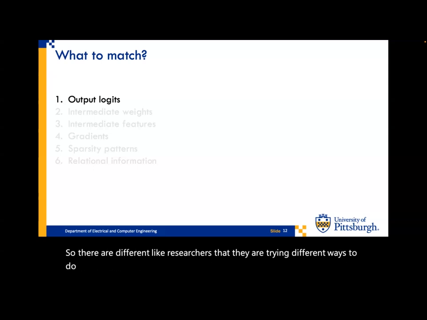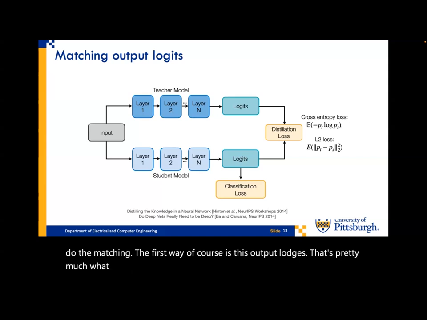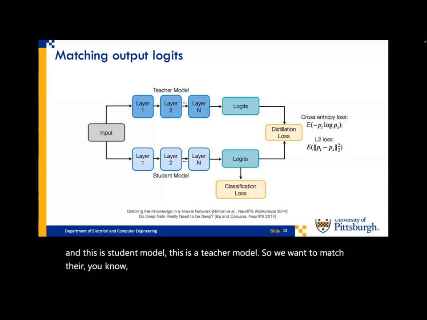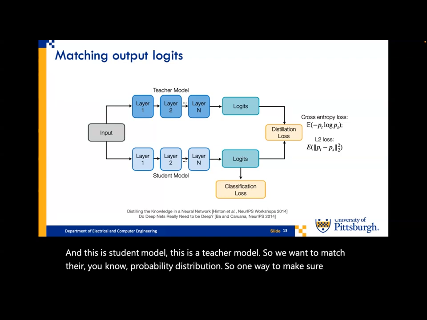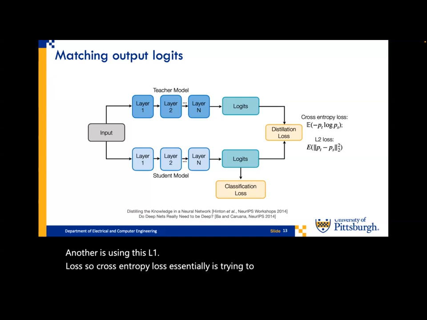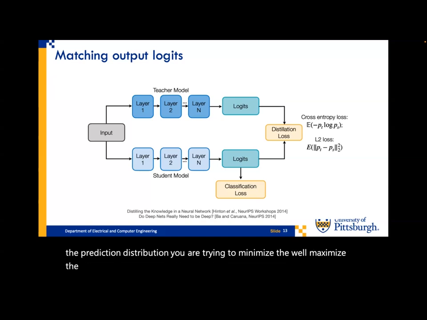The first way, of course, is the output logits. That's pretty much what we just did. We are trying to match the logit distribution, where this is the student model and this is the teacher model, so we want to match their probability distribution. One way to do that is the cross entropy loss. Another is the L1 loss. Cross entropy loss is essentially, when you have the prediction distribution, you are trying to maximize the similarity of these two probabilities.